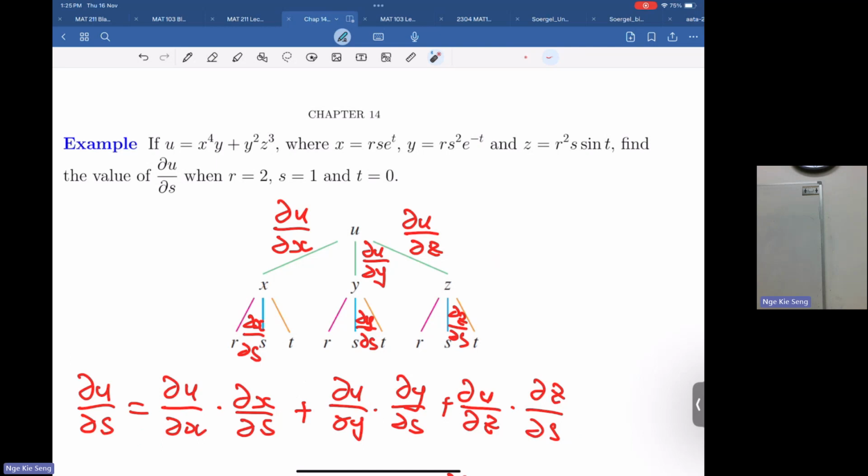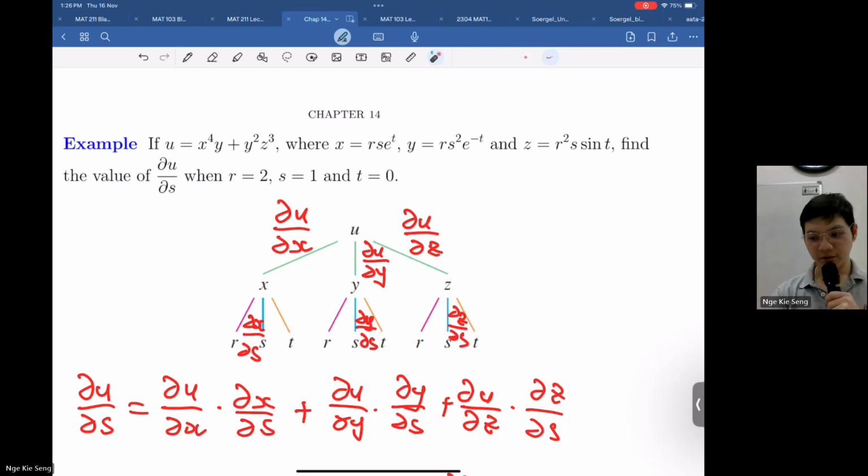Wait, let me see. y is plus, or did I do something wrong? Del y over del t. Seems like I did something wrong. I mean, this part here.